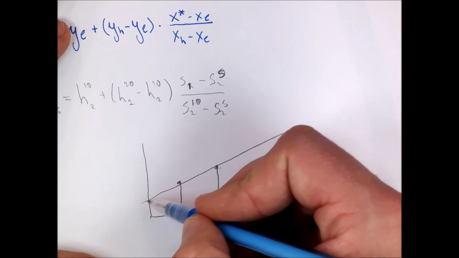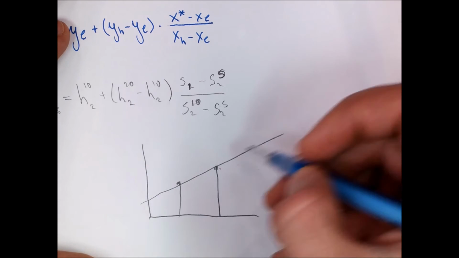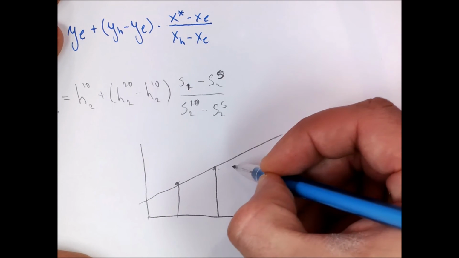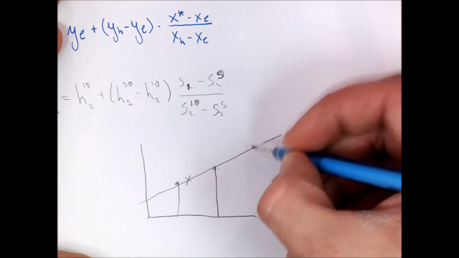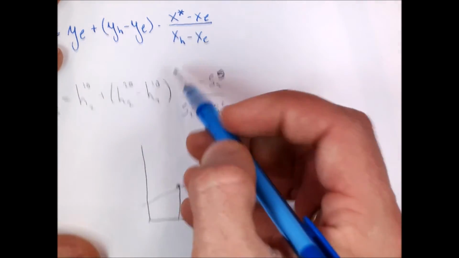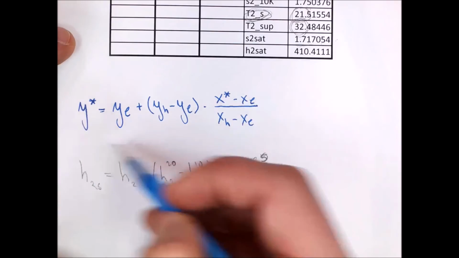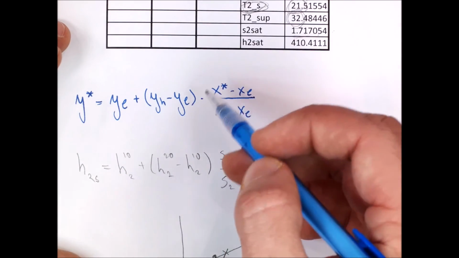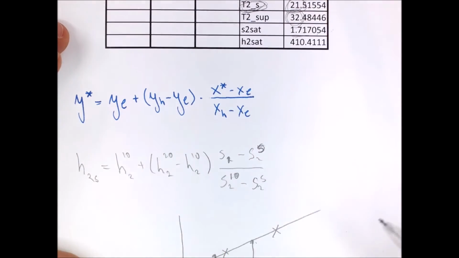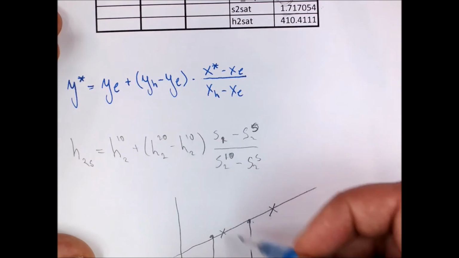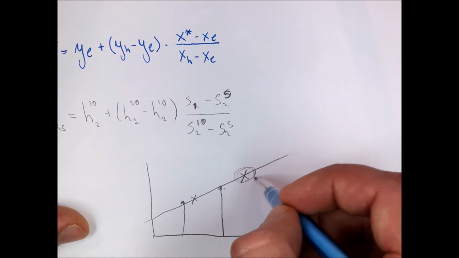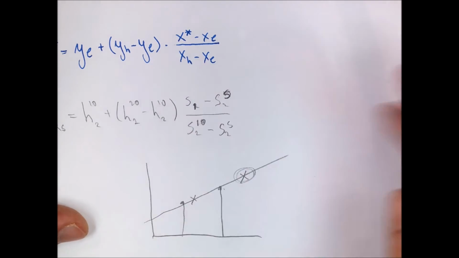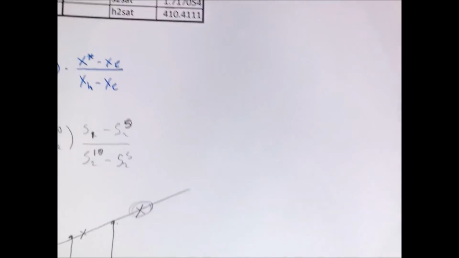Because this line goes on forever until infinity, whether I'm interested in a point here or a point here, the exact same rule is going to apply. So we just use the appropriate values of x's and y's in the formula, and even though we have an extrapolation, this is going to work perfectly fine.